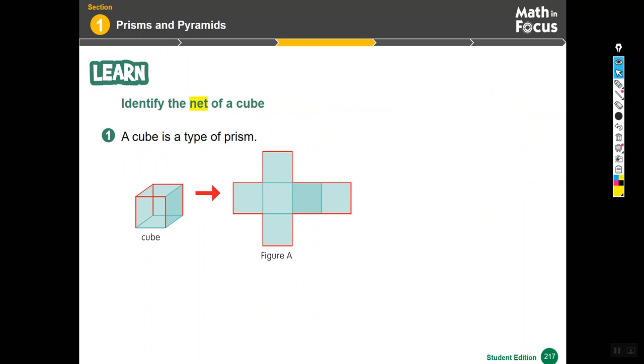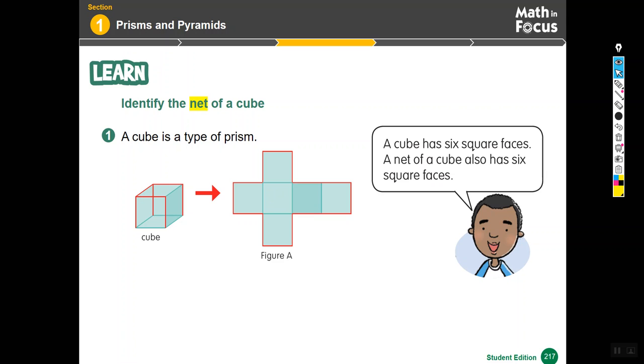Hopefully your drawing was similar to something like this. A cube has 6 square faces, which we learned about last time, and a net of a cube also has 6 square faces. It can be cut along the red edges and flattened as shown, so it shows where you would cut if you were going to flatten that out.